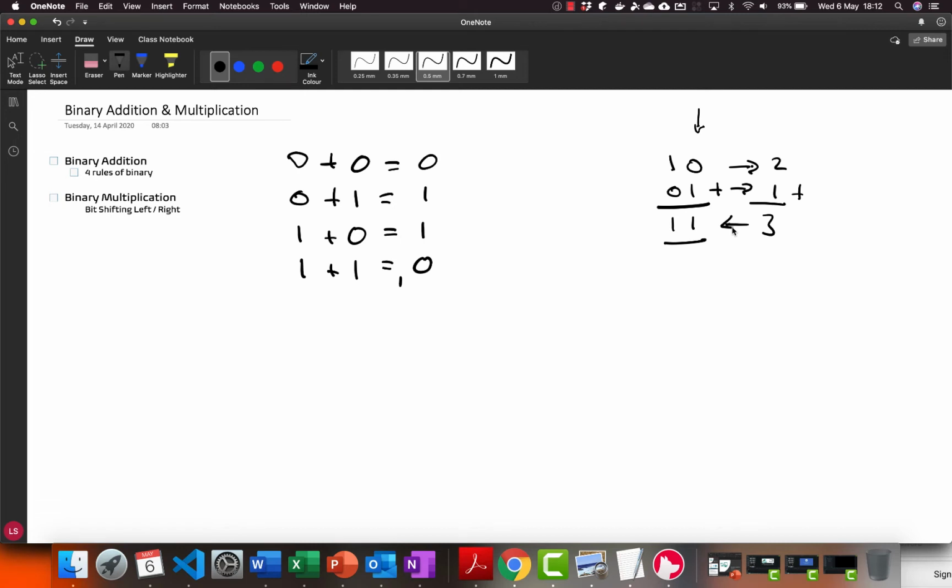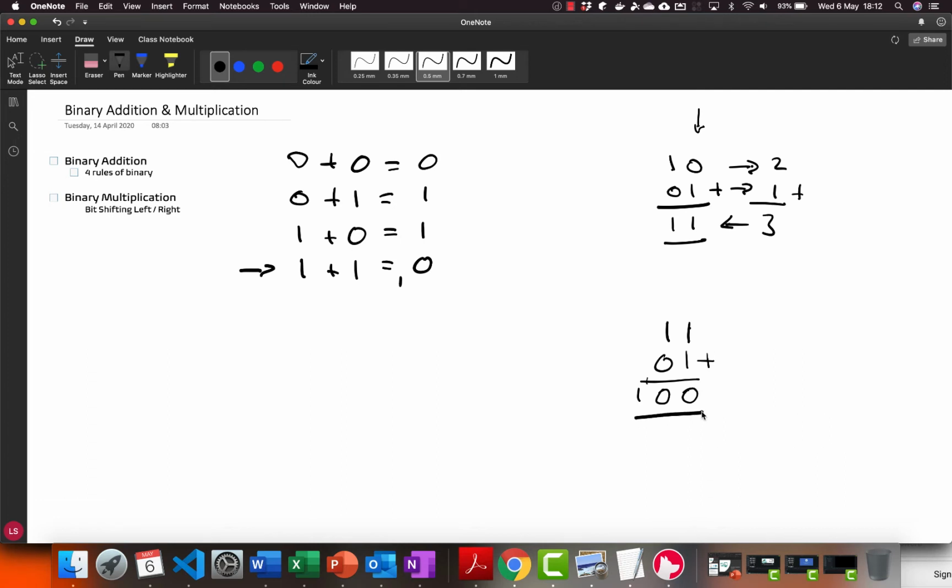So a slightly more difficult example, 1 1 plus 0 1. Here 1 plus 1, I'm going to be using this rule here. So 1 plus 1 is 0, carry the 1. 1 plus 1 is 0, carry the 1. And so the answer is 1 0 0.